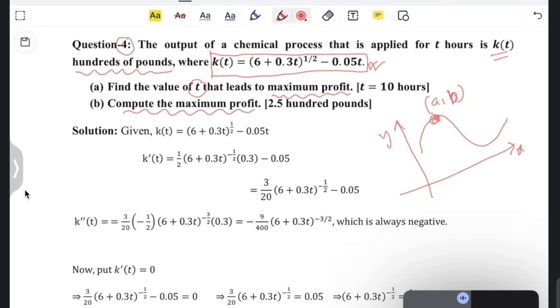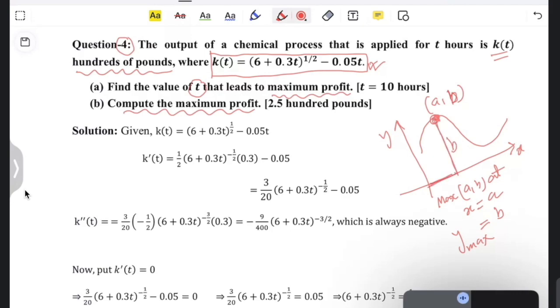It means there is a maximum point (a, b) at x equal to a, and the maximum value of y is b.